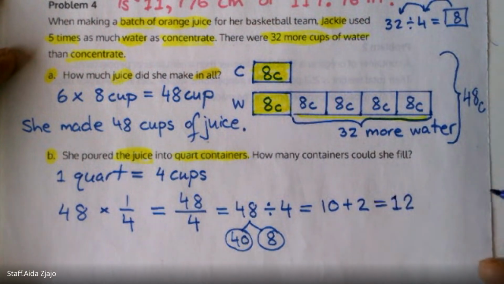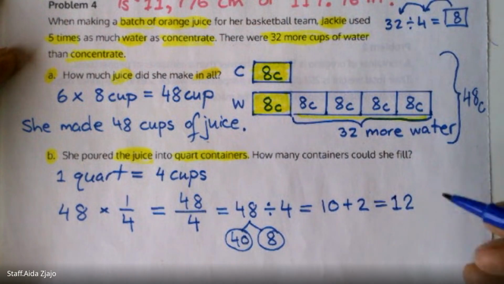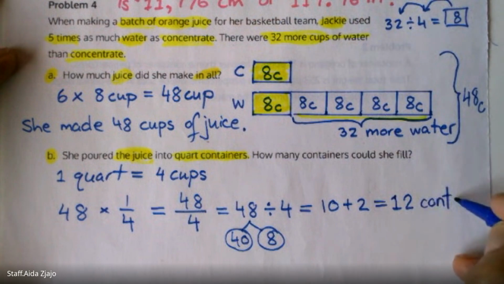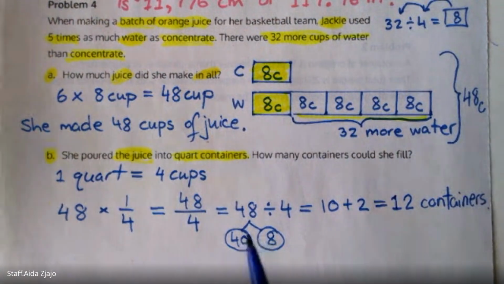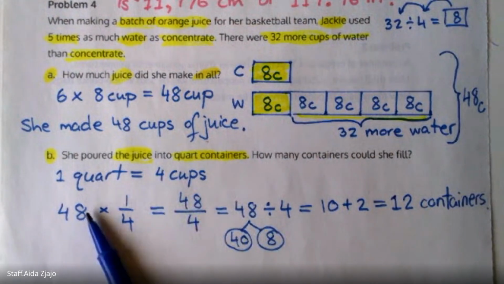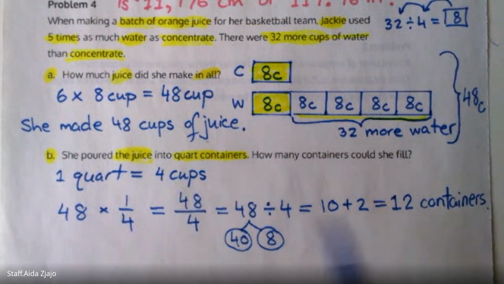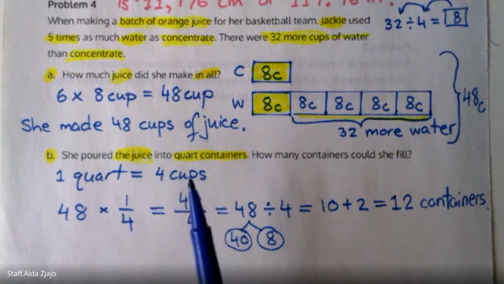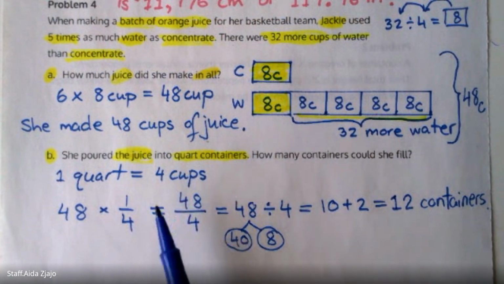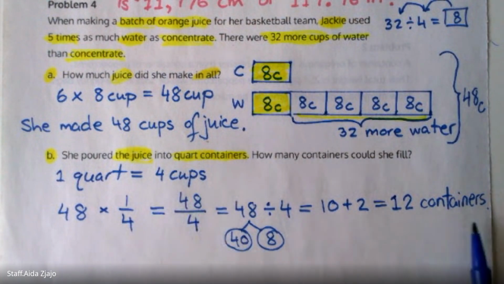So that should be 12 containers she will need, because dividing 48 cups into 4 cups each, it will be 12 containers.